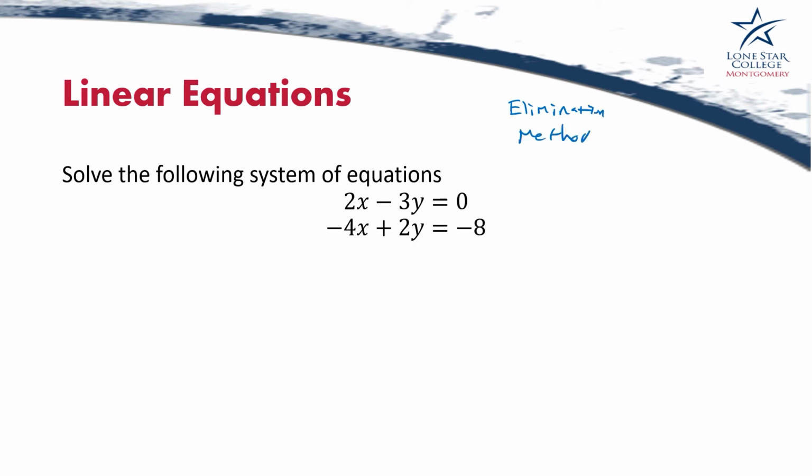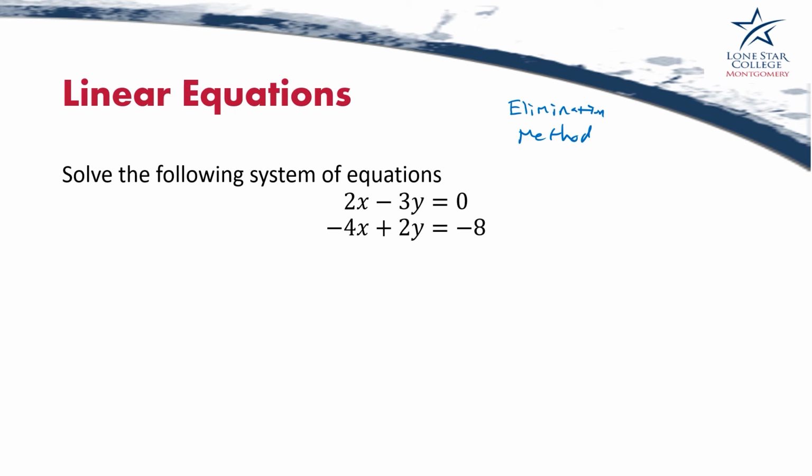So basically with the elimination method, you want to eliminate or get rid of one of your variables, either x or y, and then solve for the remaining one. And once you solve for that remaining one, you take that value and plug it back in to solve for the other one you just eliminated.